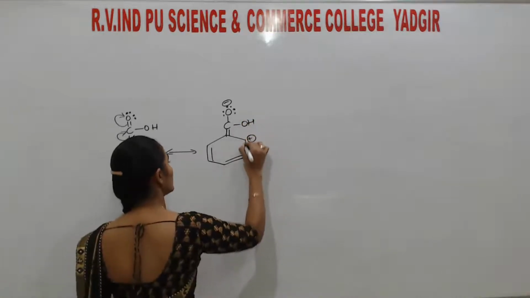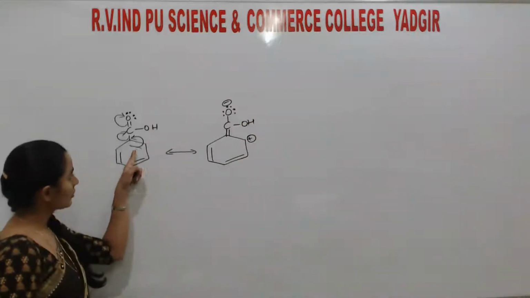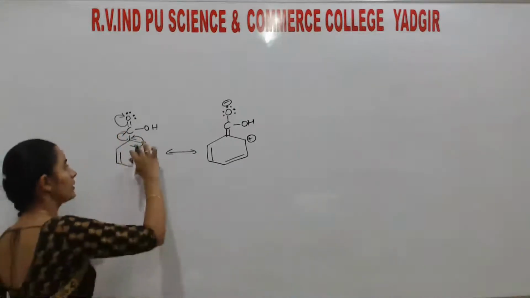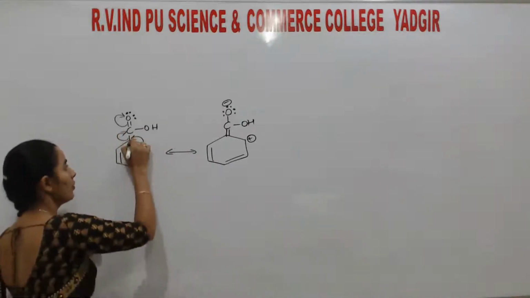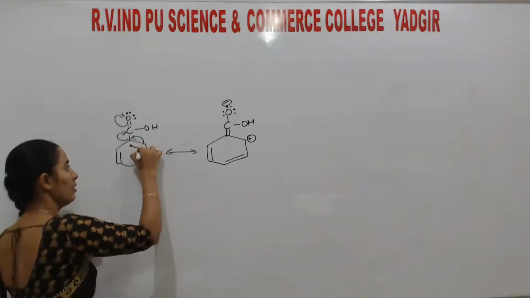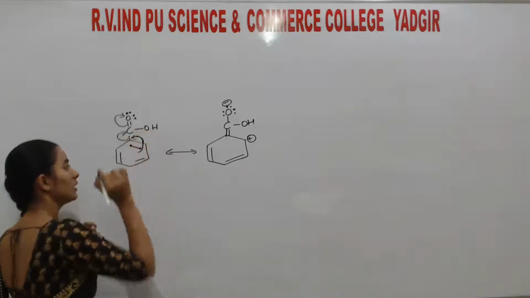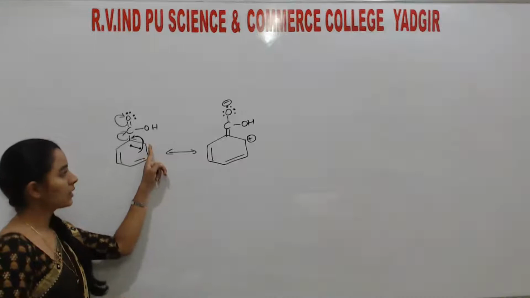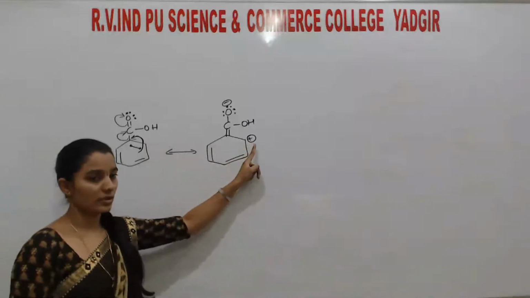Then here positive charge because these electrons are shifting here. Means this carbon like this. So this is one electron of this carbon, one electron of this carbon. They form a bond. This is completely transferred here. Means this carbon atom is leaving this electron, getting a plus charge.